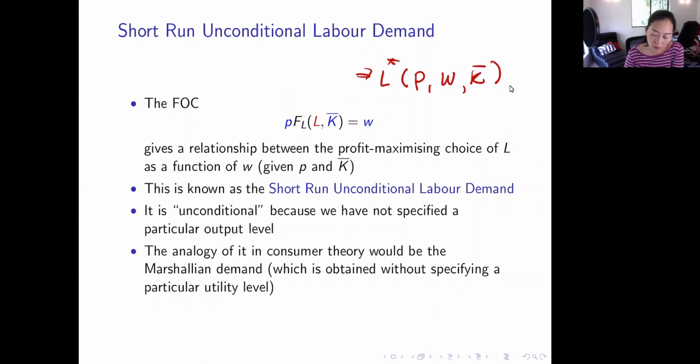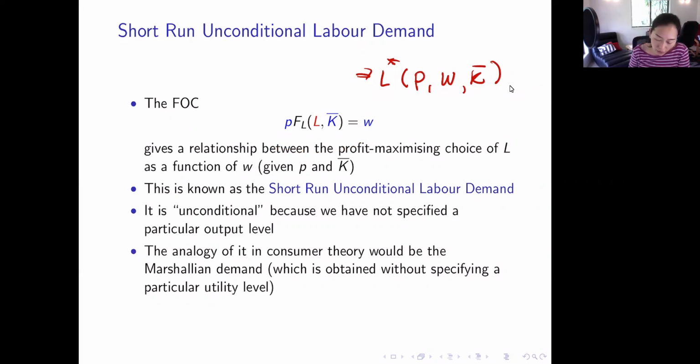This is called the unconditional labor demand, because it asks how much labor input a firm wants to demand given the wage rate. It is the relationship between the price of labor, which is the wage, and the quantity of labor demanded. That is the unconditional labor demand in the short run.